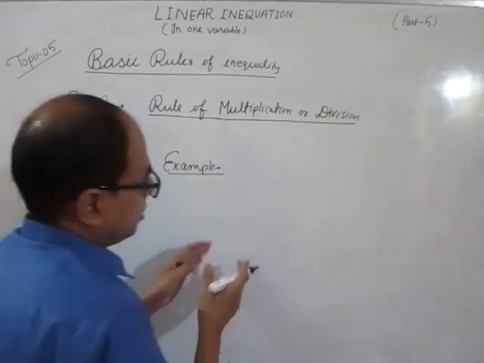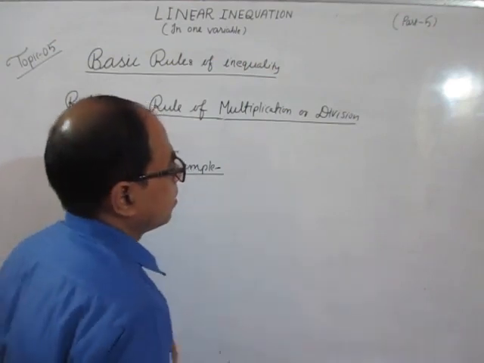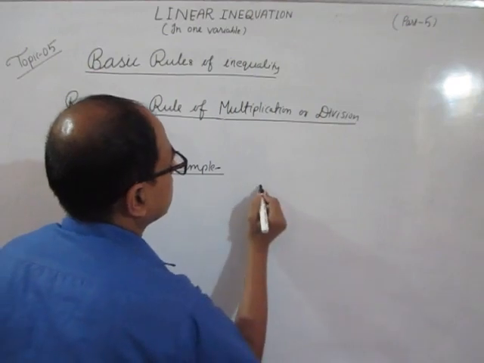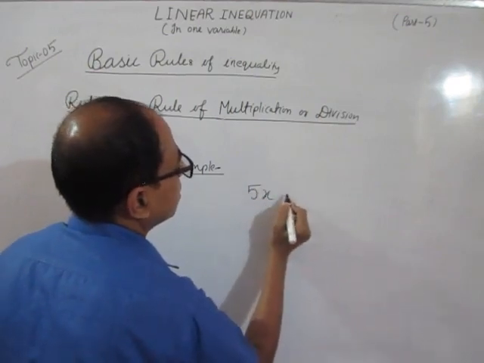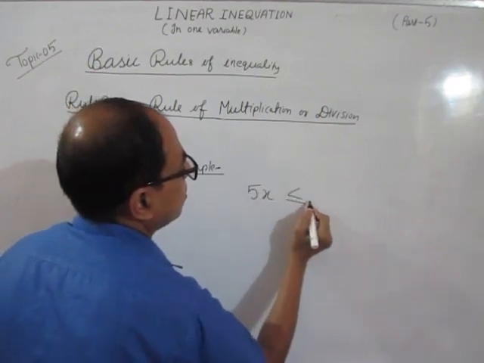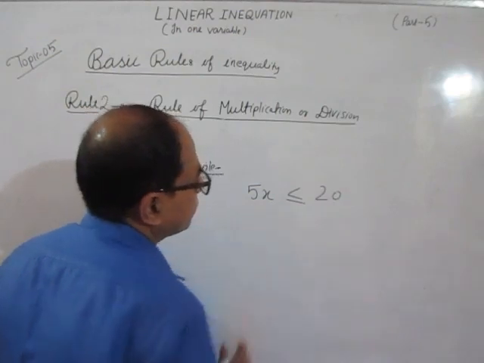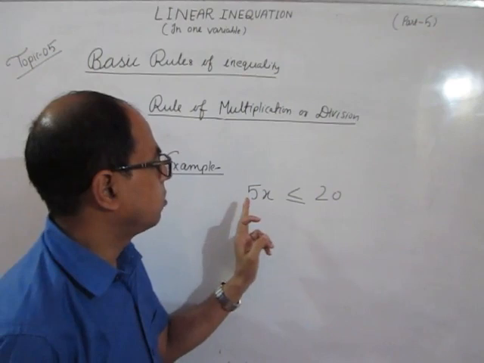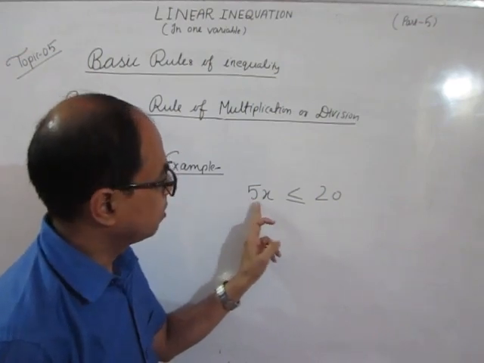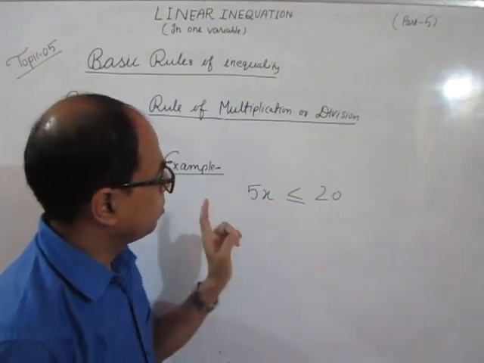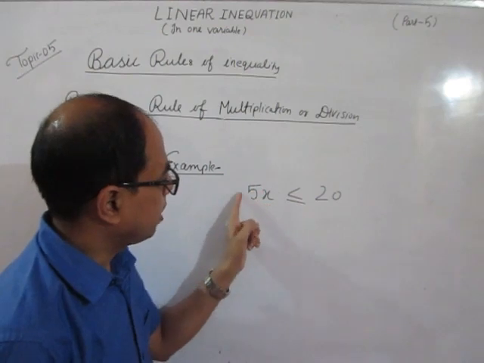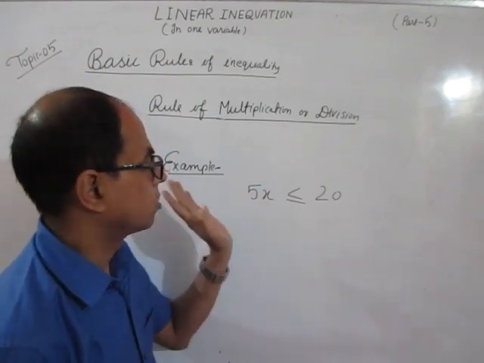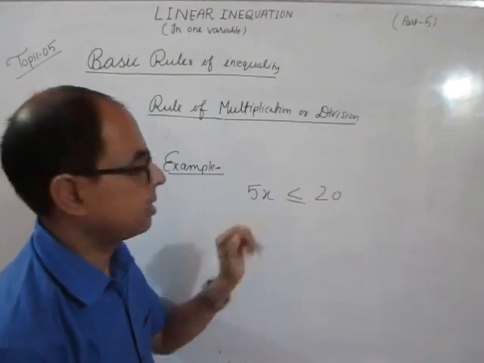Now suppose at any step during the solution of a linear inequation, you are getting this one, 5x less than or equal to 20, and we have to remove this coefficient 5, which is the coefficient of this variable. I want to remove this 5 so that I can get the value of x.